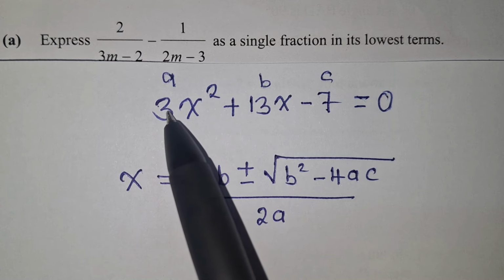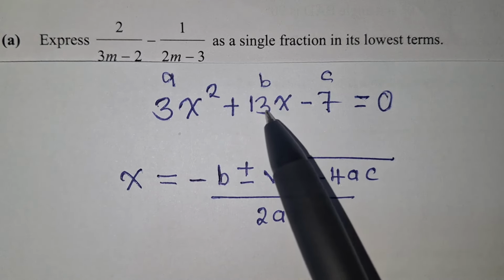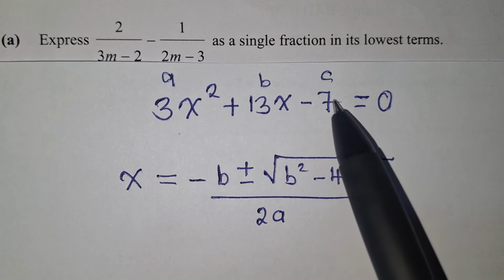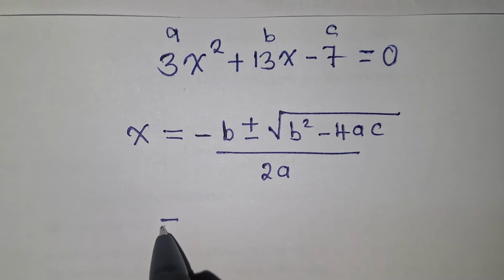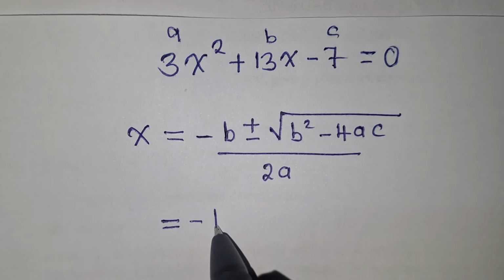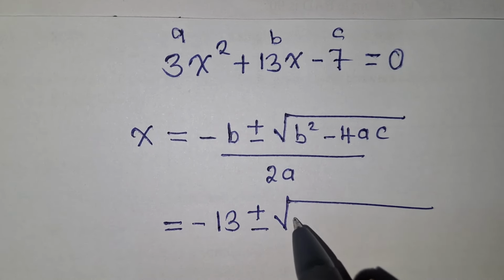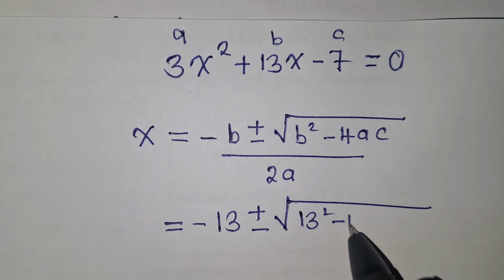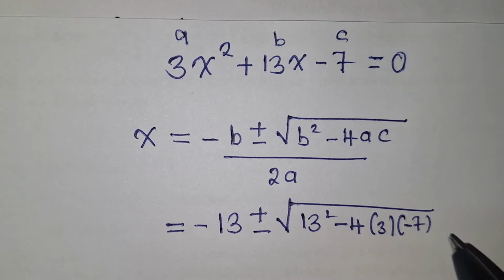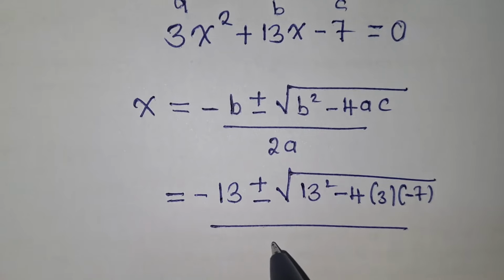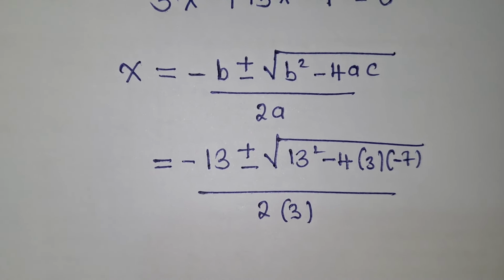Where there is power 2 here, it's A. Where there is just the x term here, the number in front is the B. Where there is no letter, the number is your C. So we plug in, we've got negative 13 plus or minus square root of 13 squared minus 4 and the 3 there. We've got negative 7 here, okay? Everything over 2, open bracket, and 3, like that, okay?